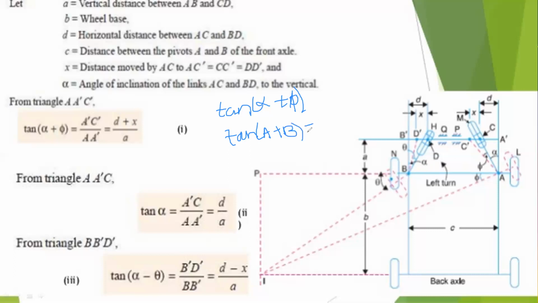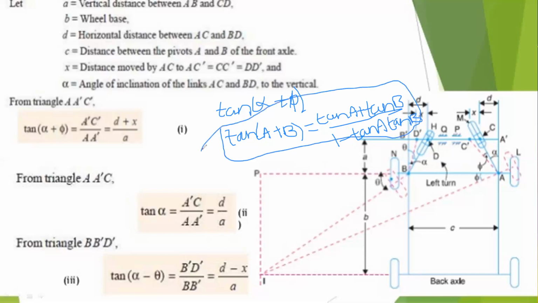I can write that formula: tan A plus B is tan A plus tan B by 1 minus tan A tan B. This is the formula of tan A plus B.